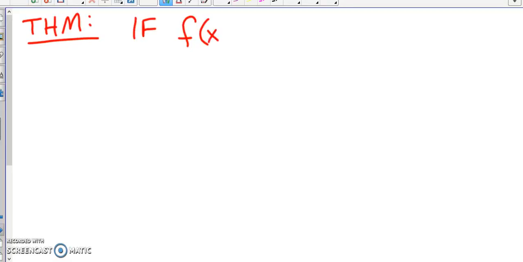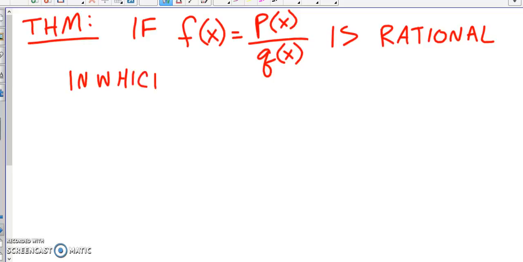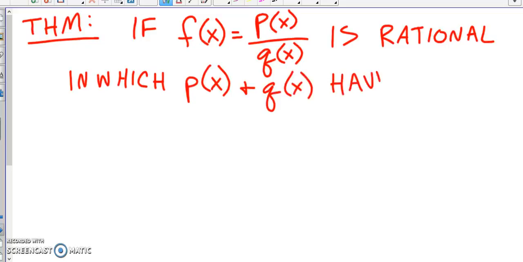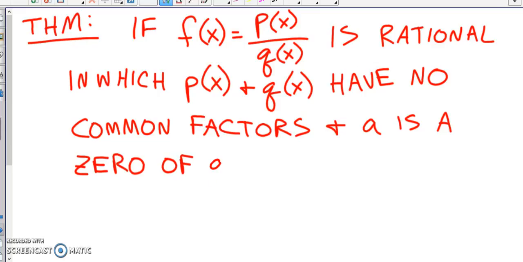If f of x equals p of x over q of x is rational, so in other words, p and q are polynomials, in which p of x and q of x have no common factor, and a is a 0 of q of x.